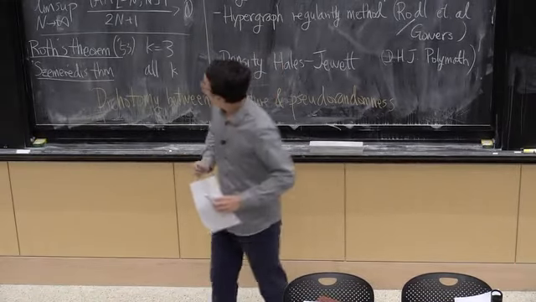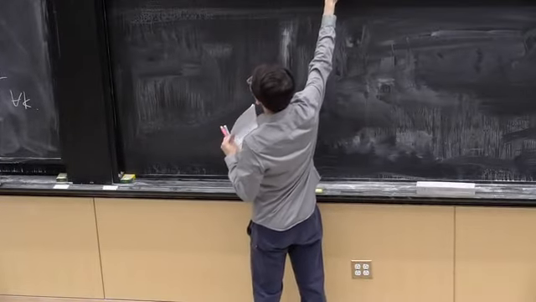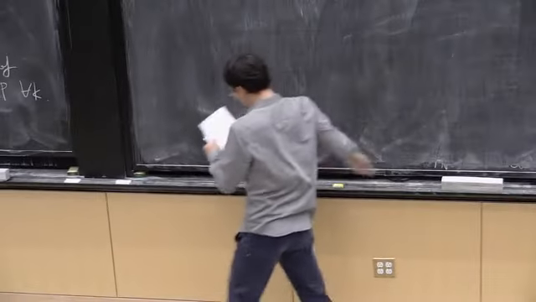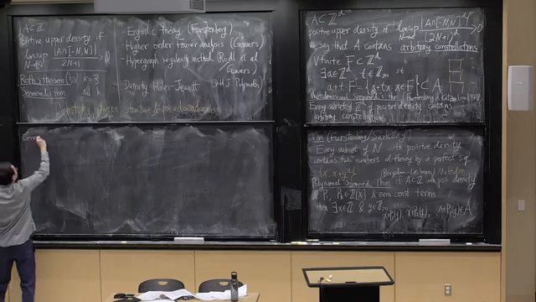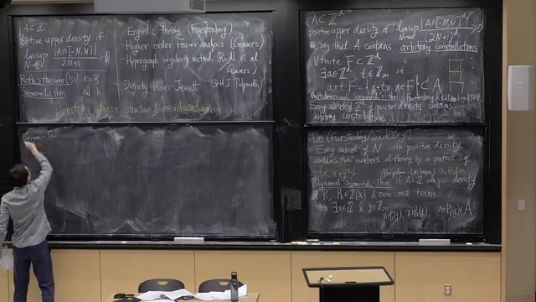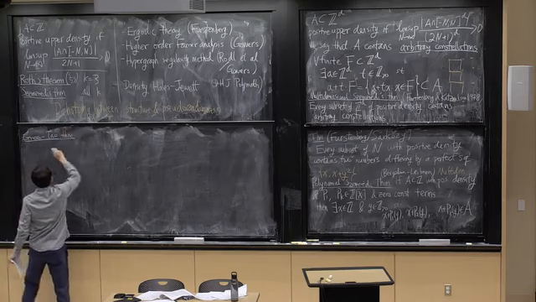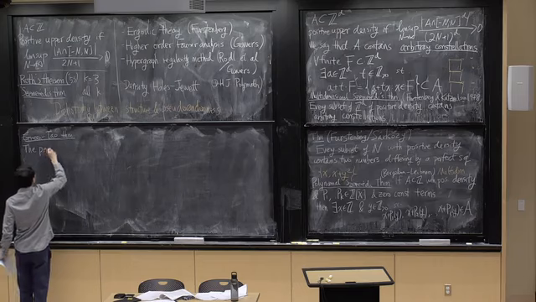Let me mention one more theorem that many of you, I imagine, have heard of. This is the Green-Tao theorem. The Green-Tao theorem says that the primes contain arbitrarily long arithmetic progressions.